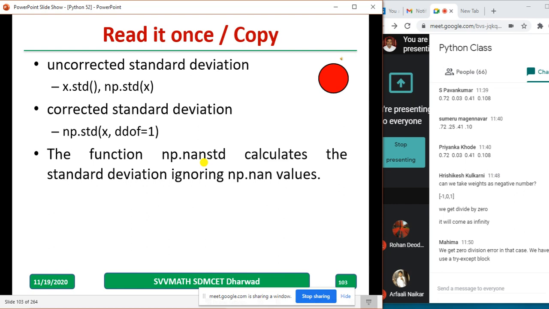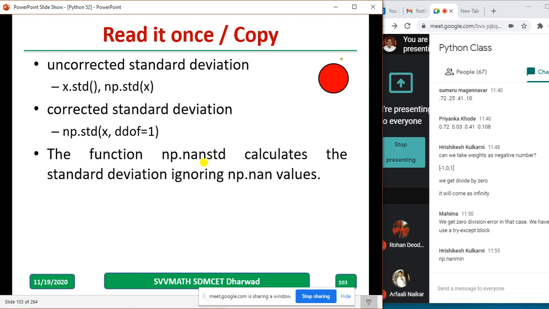Can you type in the chat box? Which should ignore a NaN. Okay. nanmin, Hrishikesh Kulkarni has typed.